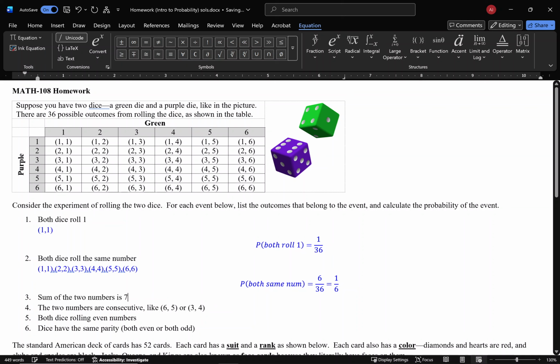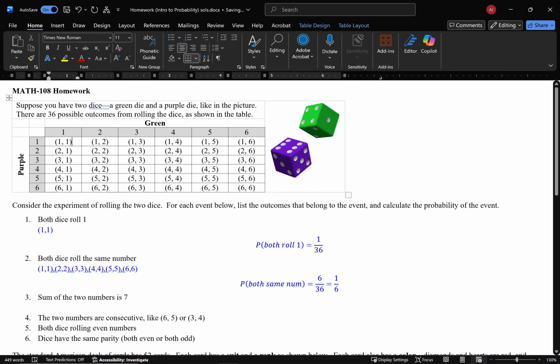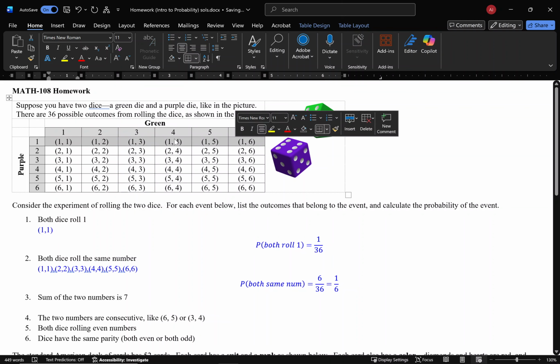Number 3, the sum of the two numbers is 7. Now you have to look a little more carefully at the table. To get a sum of 7, if the first number is 1, then the second has to be 6. Here's another one that sums to 7: if the first number is 2, then you need 5 for the second.